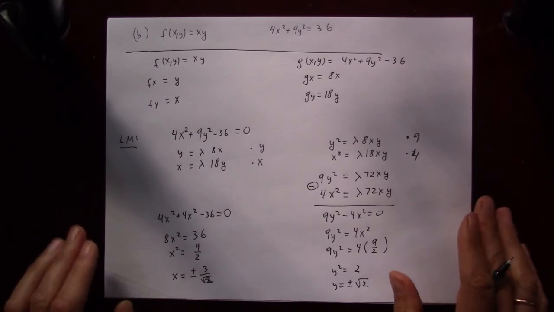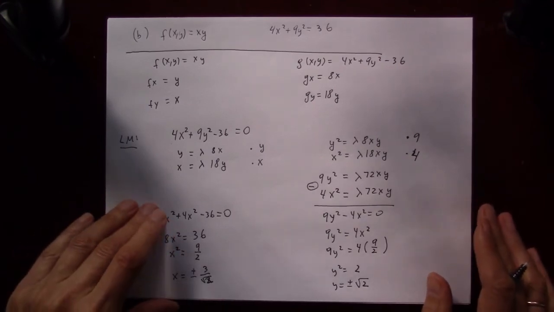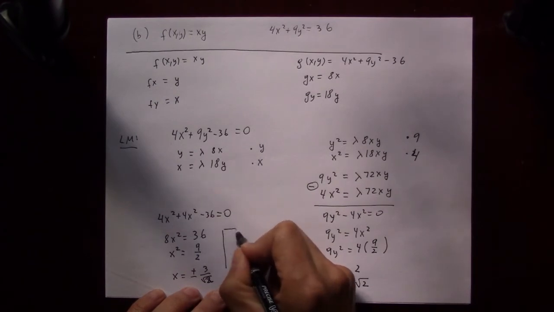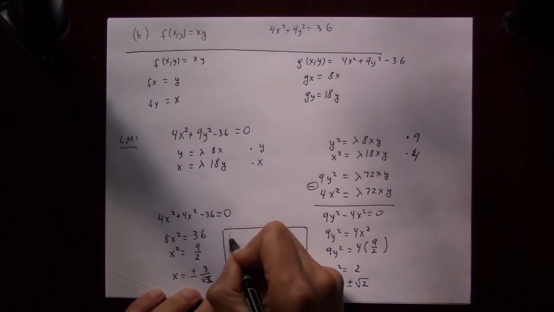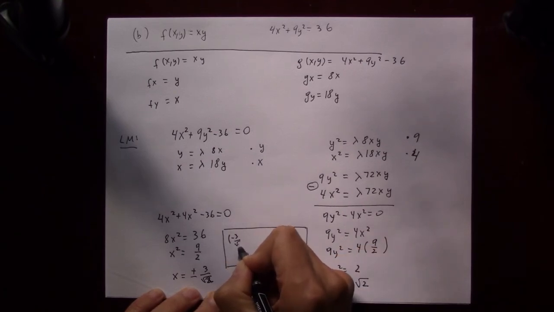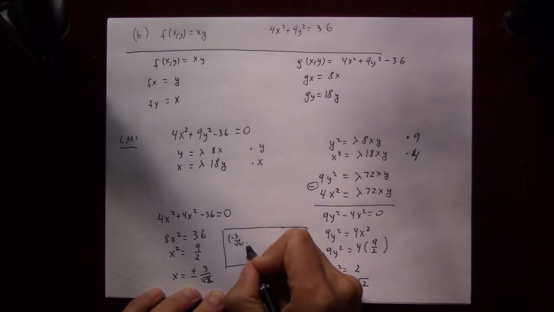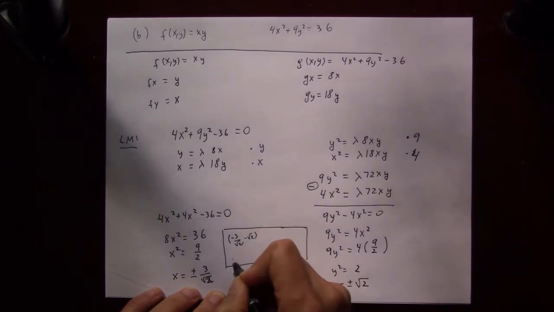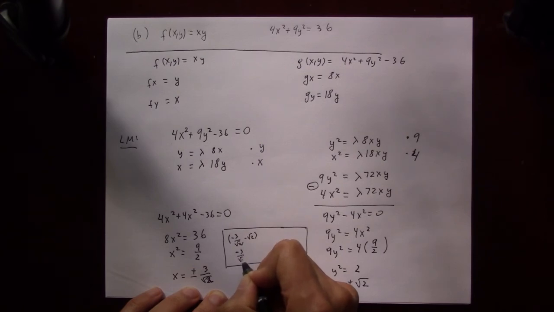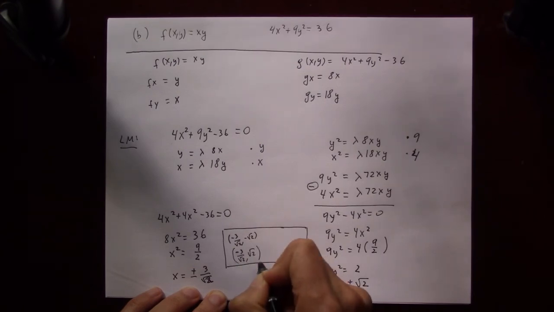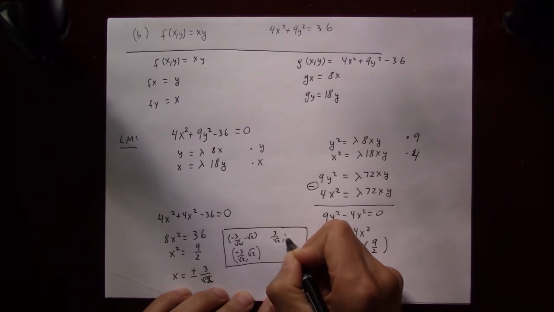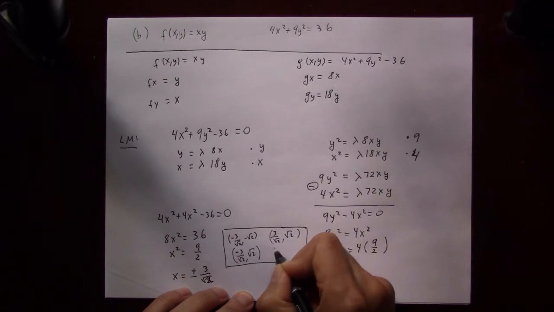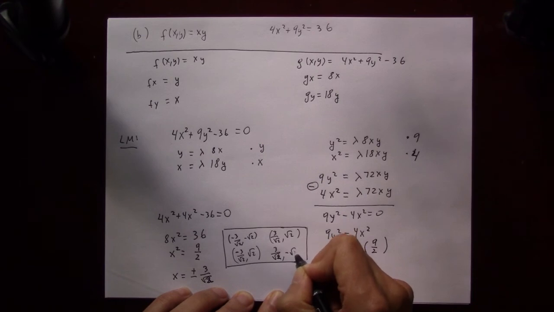So we have a choice of 4 points here. x equals negative 3 over root of 2, y equals negative root of 2; x equals negative 3 over root of 2, y equals positive root of 2; x equals 3 over root of 2, y equals positive root of 2; and x equals 3 over root of 2, y equals negative root of 2.